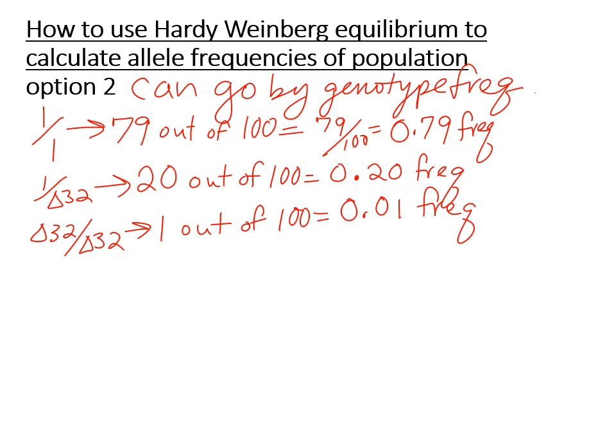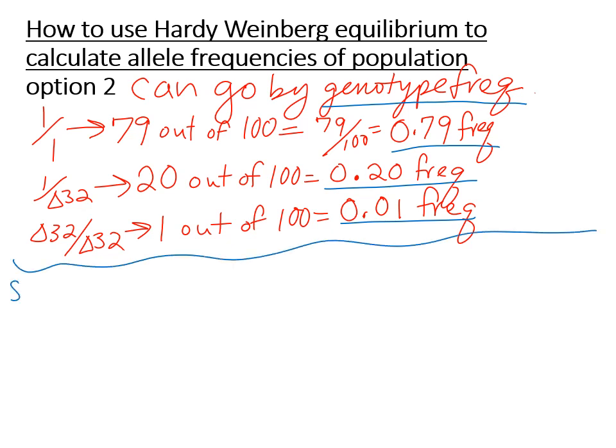Okay? So now that you wrote out your genotype frequencies, there are your 3 genotype frequencies. Now you want to figure out the frequencies of your alleles, right? So based on that, the frequency of allele 1 is, where do you find allele 1?